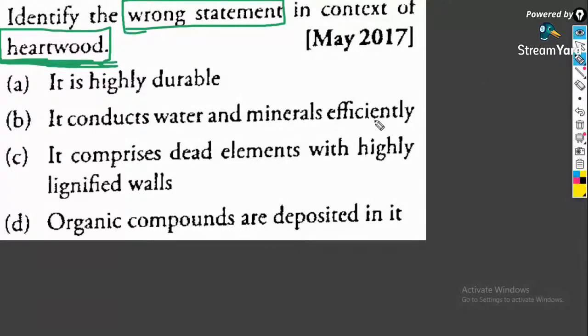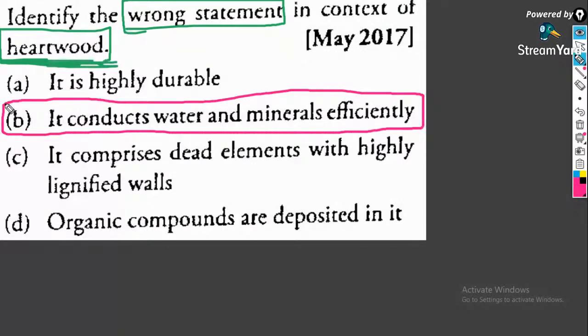The wrong statement in context of the hardwood is option B. It conducts water and minerals efficiently is a wrong statement.